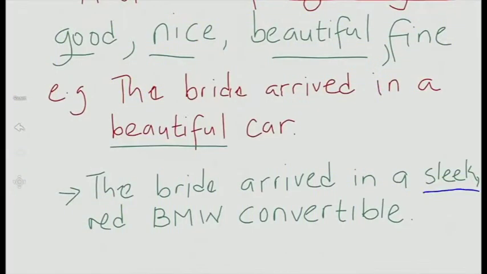By saying that, you have given us more details and become more specific in your description. What makes you say it is beautiful is because it was sleek, red in color, maybe red is your favorite color, it's a BMW, and again, it is a convertible.